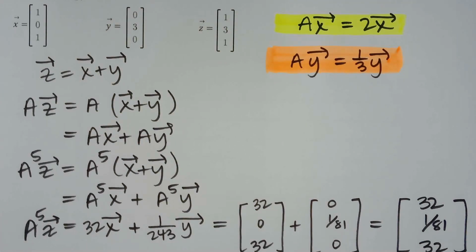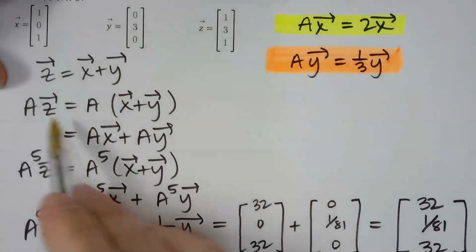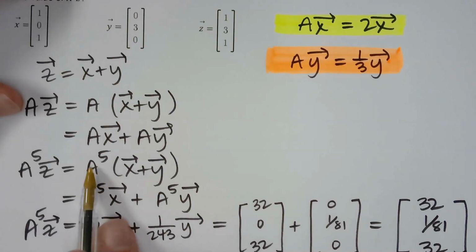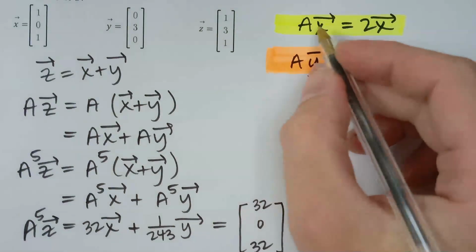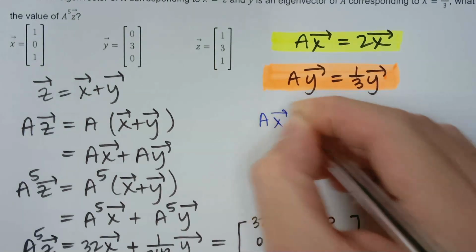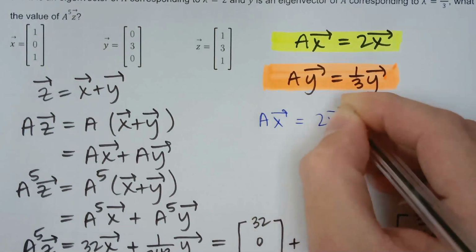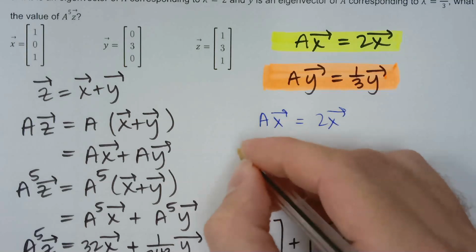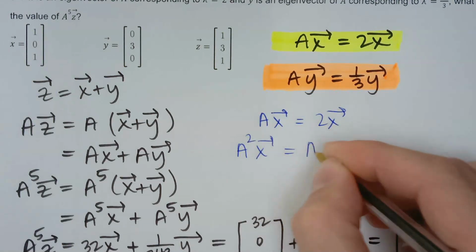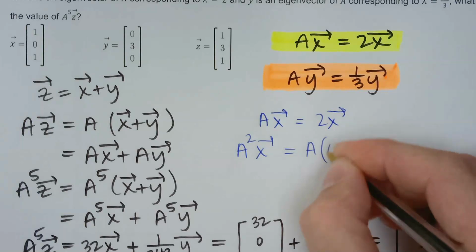Now the other thing I was going to show you was this whole thing about repeated multiplication on an eigenvector. So I'm just going to do Ax equals 2x. Just think about that. Well, A squared x is A multiplied by Ax.